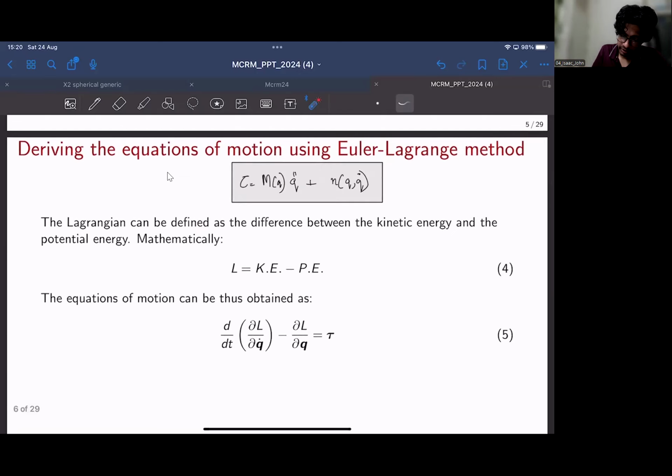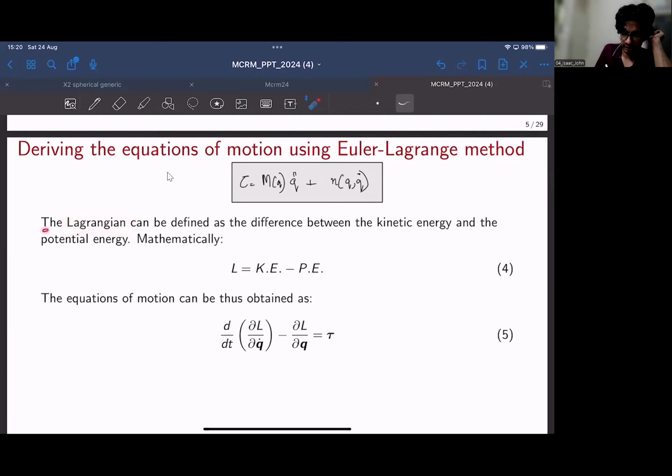We'll start our discussions with the Euler-Lagrange method. The Euler-Lagrange method basically starts with the definition of a scalar quantity called the Lagrangian. That is the starting point of the formulation using Euler-Lagrange.